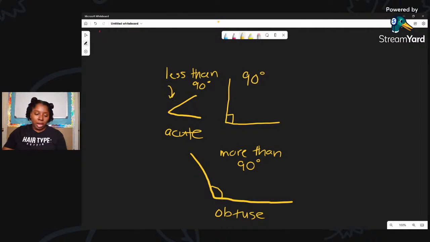And then this one is open wide, super big. And that's the obtuse. Okay. So it is more than 90 degrees and the right angle equals 90 degrees. All right. So that is the difference between obtuse and acute.